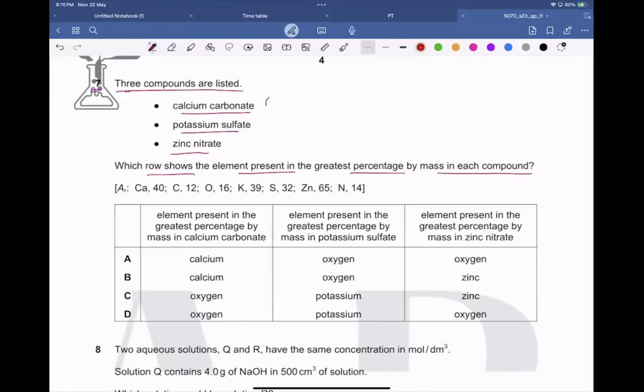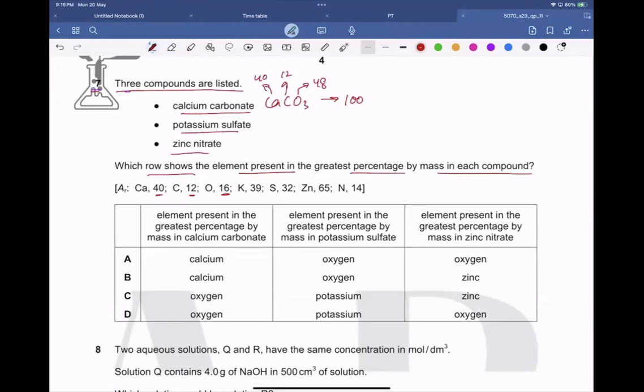Okay. So calcium carbonate has a formula of CaCO3. Calcium is 40, carbon is 12, and oxygen is 16. So its Mr is 100, right? The total mass of oxygen is 48, calcium is 40 and carbon is 12.